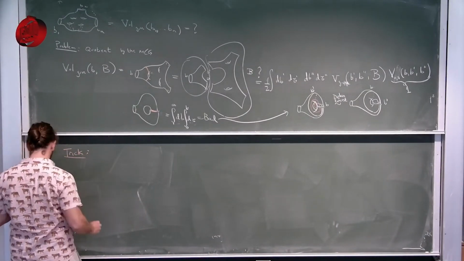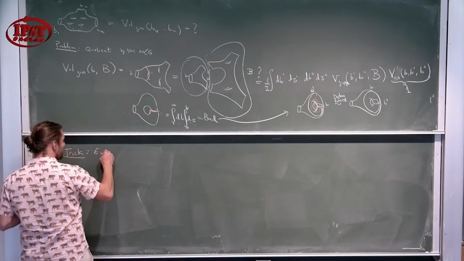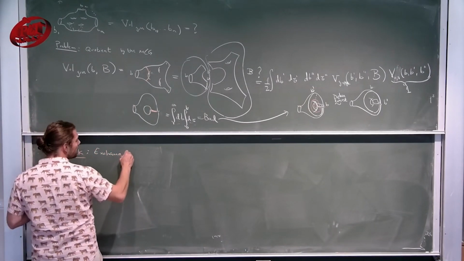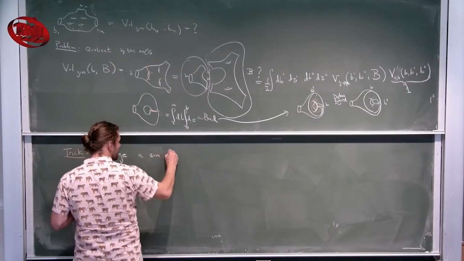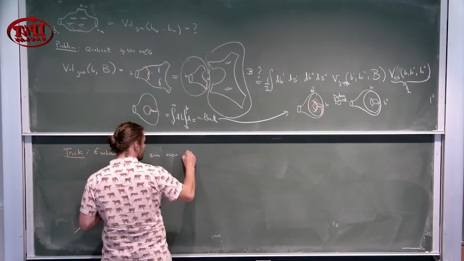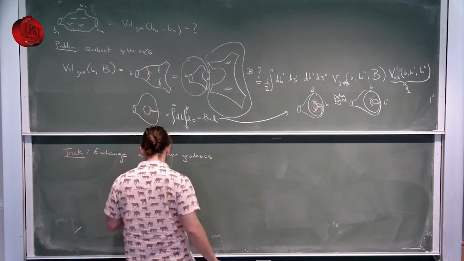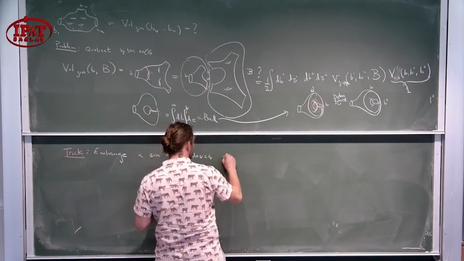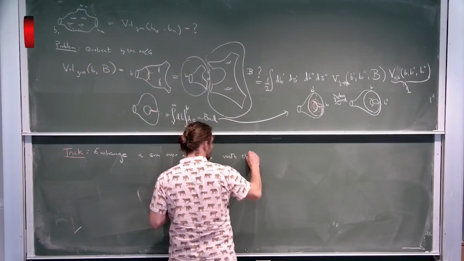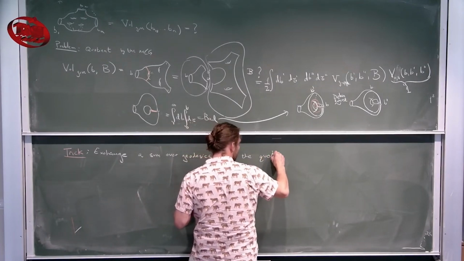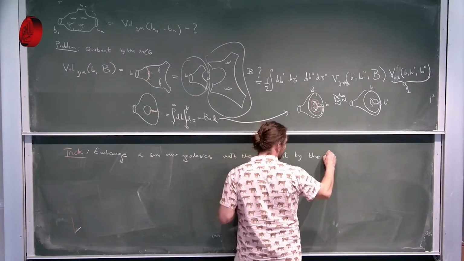The trick is to exchange a sum over geodesics with the quotient by the mapping class group.